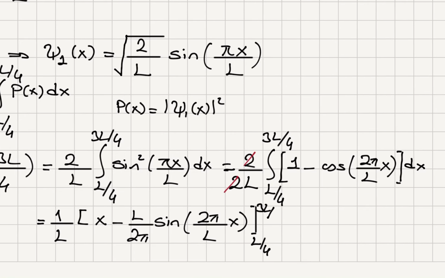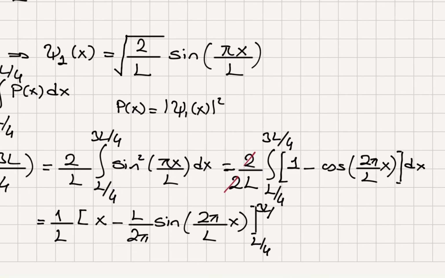So that's going to give us 1 over capital L. The difference between 3L over 4 and L over 4 is 2L over 4, which is L over 2.